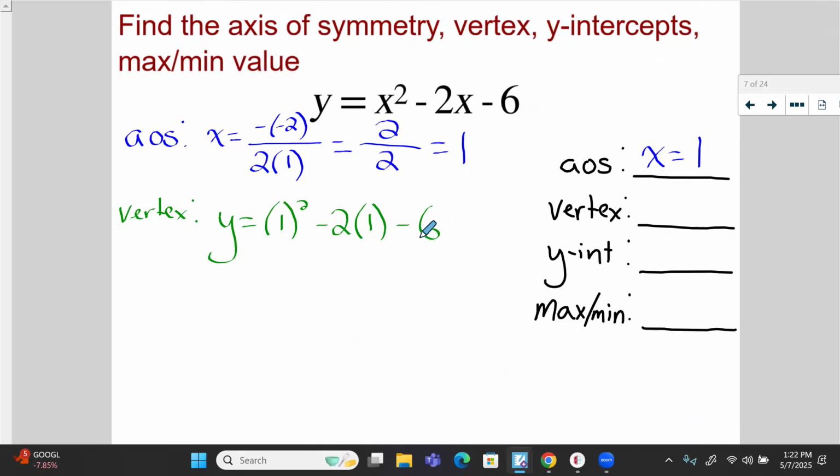Let's do the math. 1 squared is 1. 2 times 1 is 2. 1 minus 2 is -1. -1 minus 6 is -7. Hey, happen to be the same one. So now our vertex is 1, because that's the x value of our AOS, comma, -7.